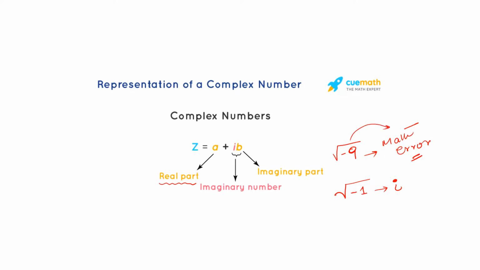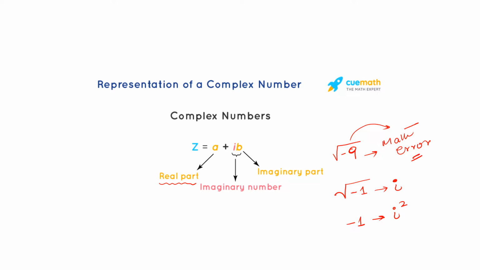So the mathematicians do any kind of calculation by imagining any kind of number. If the square root of negative 1 is an imaginary number represented by i, then i square will have a value of negative 1. This is what imaginary number values are.